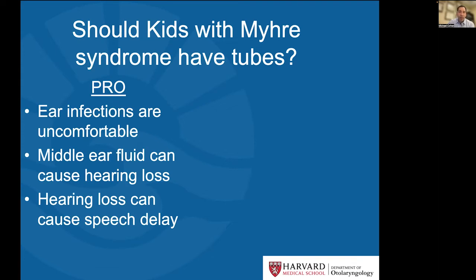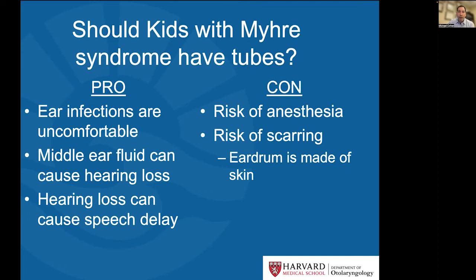So these are things that we want to address. On the con side, there is a risk of anesthesia in children with Myrie syndrome, and specifically that relates to intubation. Now, often we can do ear tube insertion without any instrumentation of the airway. We can use just a mask for the anesthetic, and so there's no irritation or stimulation of the airway. So that can be avoided in most cases of tube insertion.